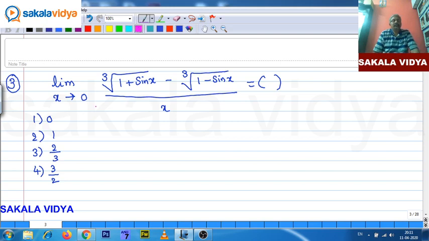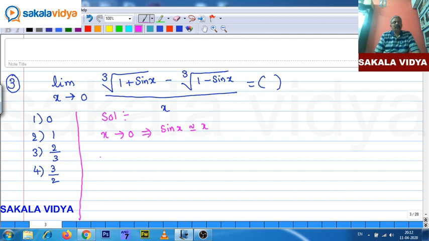Here see, the limit x tends to 0, cube root of 1 plus sin x minus cube root of 1 minus sin x by x. See, yesterday we have studied one concept. What is the concept? As x approaches 0, sin x is approximately equal to x.